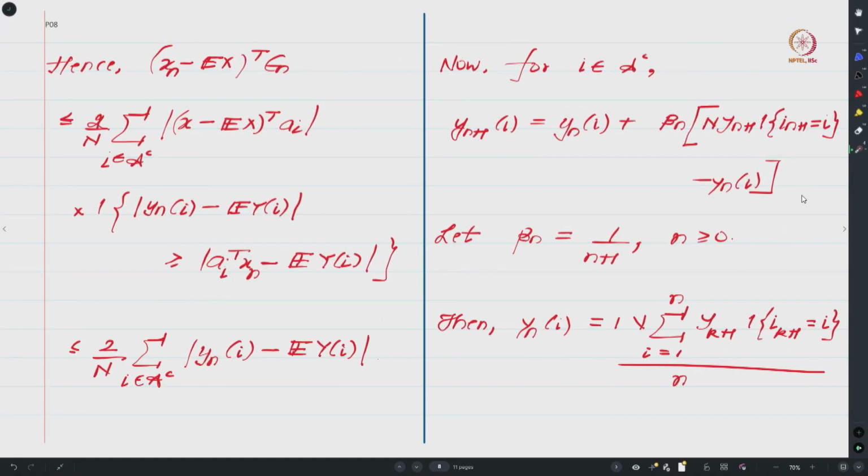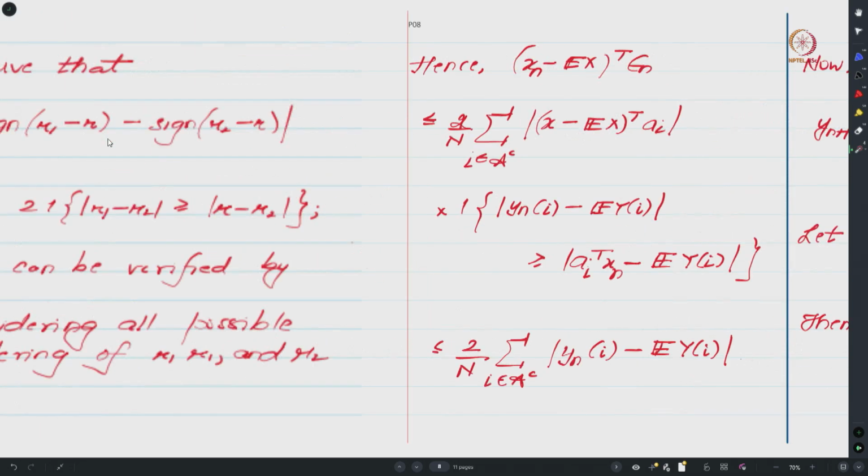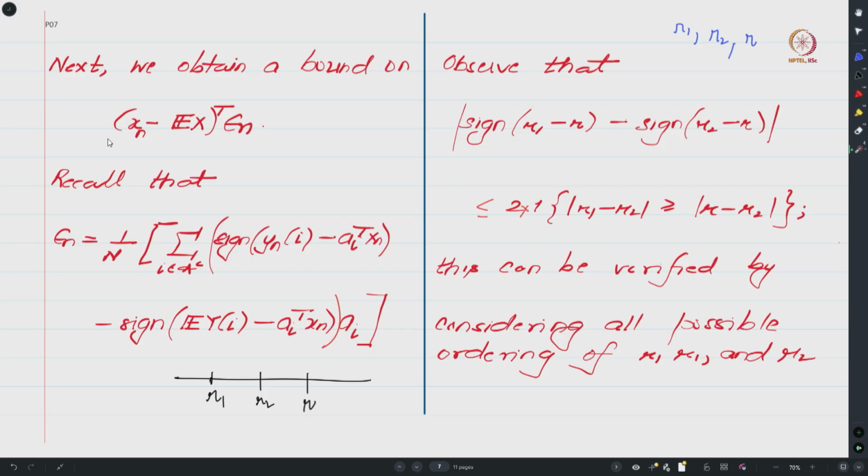Because this inequality holds, one can show that this xn minus expected value of x transpose epsilon n is upper bounded. This 2 comes from that inequality that we had, 2 over n times summation over I in A complement, and if you recall we had x minus x transpose times ai.